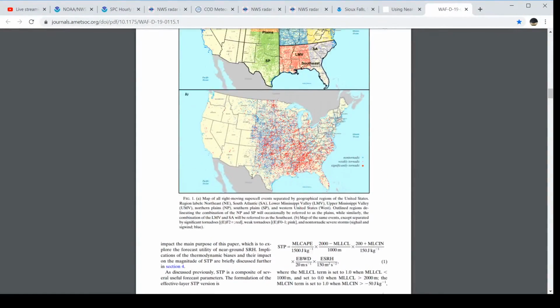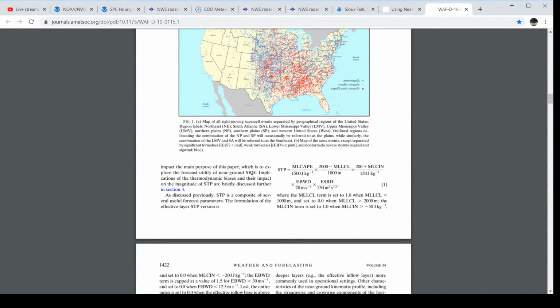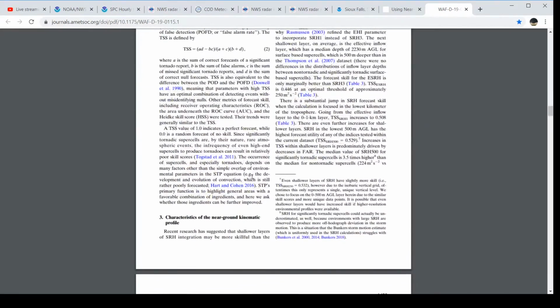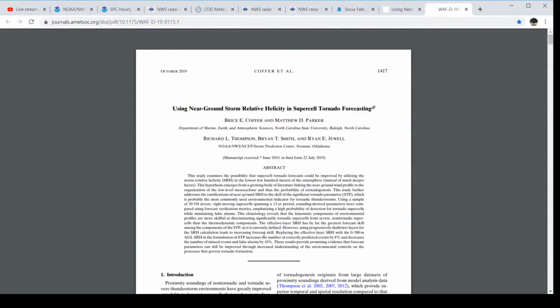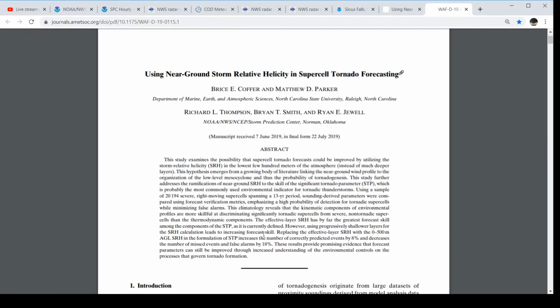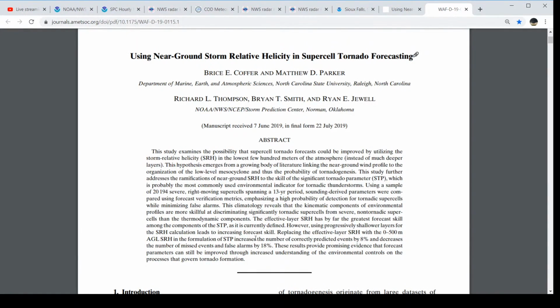It shows how the 0 to 500 meters has actually increased the chance of predicting tornadoes by, like, what did it say at the beginning? STP increased the number of correctly predicted by 8% and decreased the number of missed events and false alarms by 18%, as shown right here.